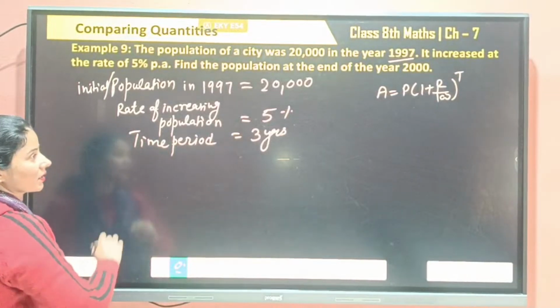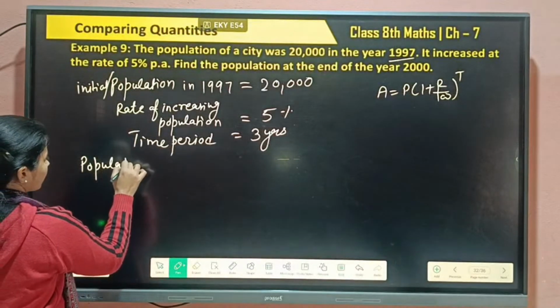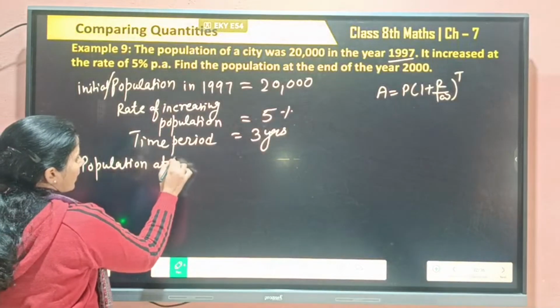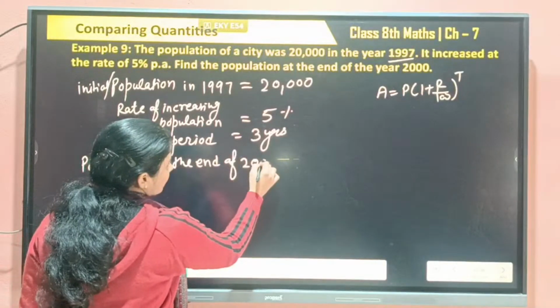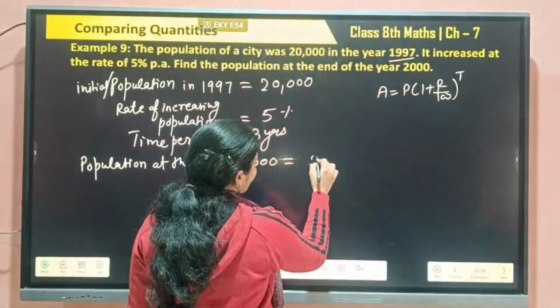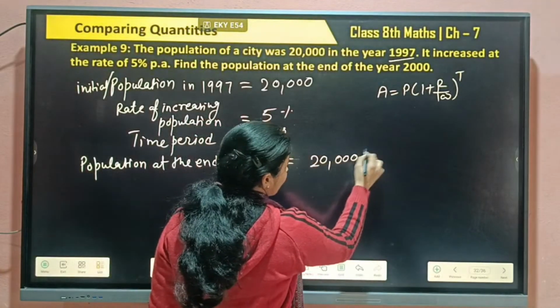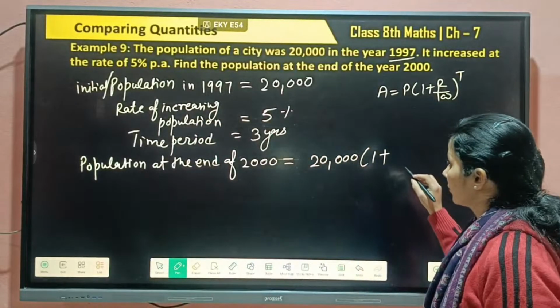Time is 3 years. So you will find out the population at the end of year 2000. It will be 20,000 into 1 plus R. What is the rate of increasing population?